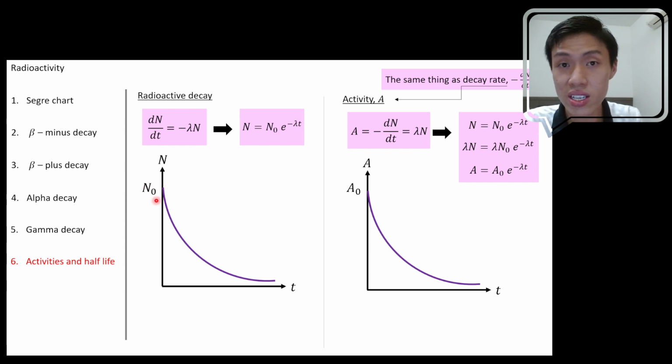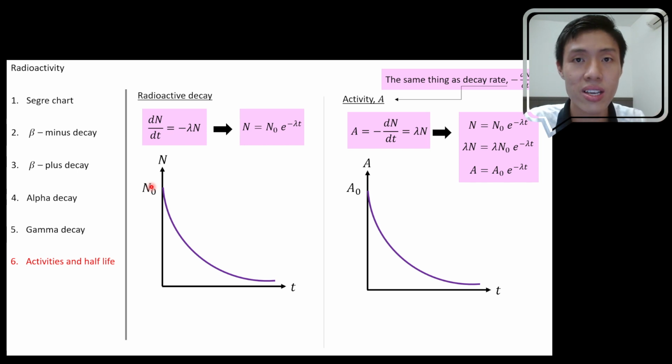Initially, you have a greater number of parent nuclei, so there are many parent nuclei waiting for decay to occur. You should expect more decays to happen at earlier times. So with more decays per unit time, you have a greater activity initially. But that causes the number of parent nuclei to decrease drastically initially; it drops very steeply.